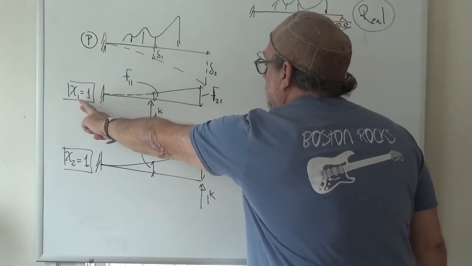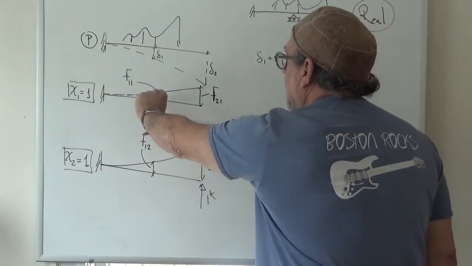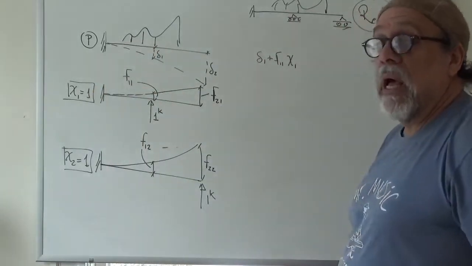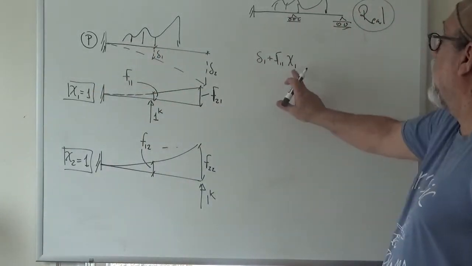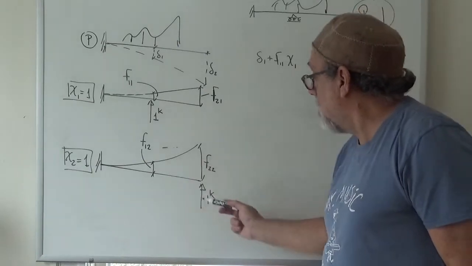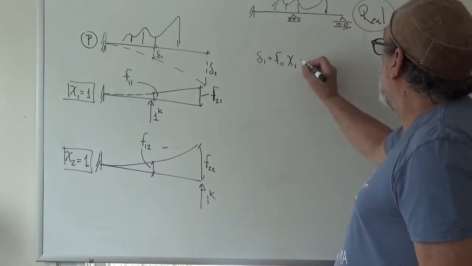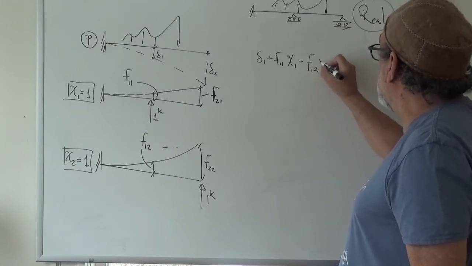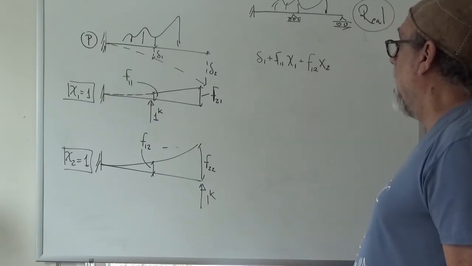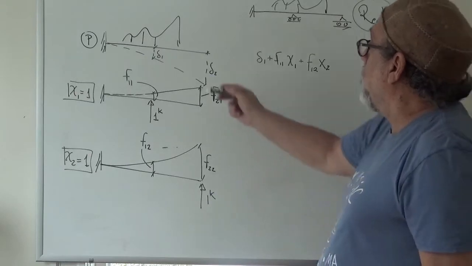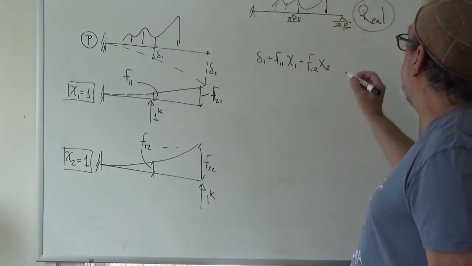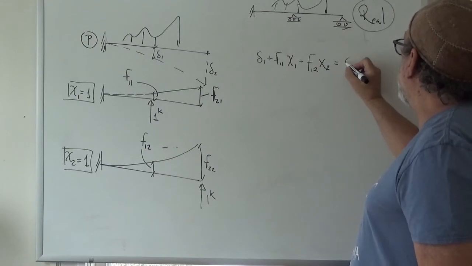If x1 was 7, it would be 7 times as big. Because what? Because we're dealing with a linear system, a linear structure, therefore I can do this. The deformation here due to the x2 on the same token is just f12 times x2, right? And then we can say, but what is the deformation at that point? Well, in this case, that deformation is that one, and that deformation is 0, right?